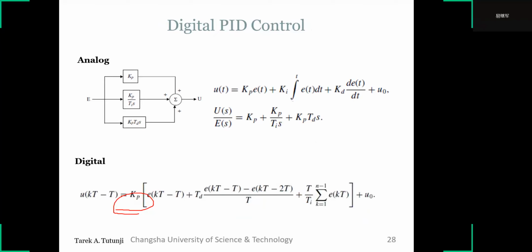PID control. This is the analog type. This is the digital type. If we apply the Laplace transform, we can change the equation to this one.